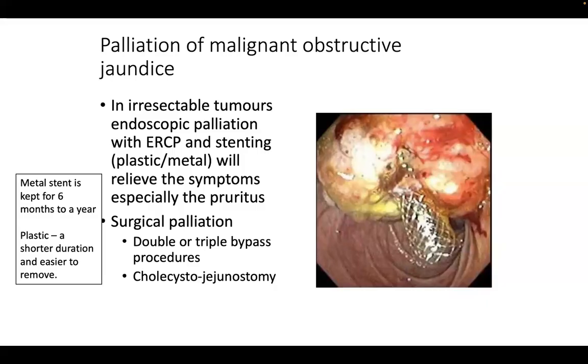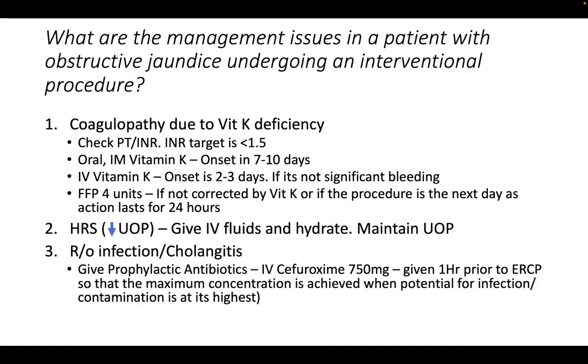Right? So this will relieve the symptoms, like pruritus will be relieved. Otherwise, the patient's quality of life is hindered. So surgical palliation is you can do double or triple bypass procedures and you can do cholecystojejunostomies.